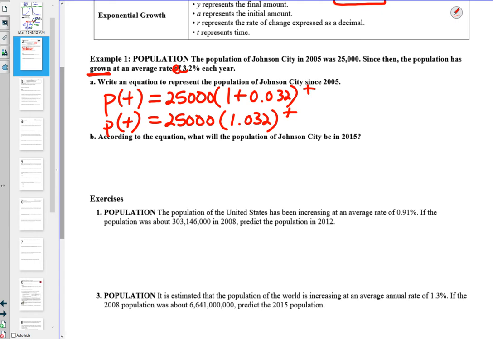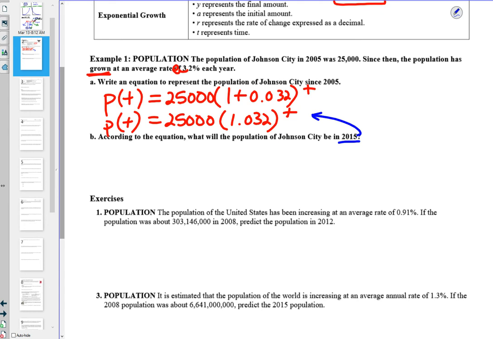So according to this equation, what will the population of Johnson City be in 2015? So now we're going to use it for substitution. Sorry if I misled you by the underlining of 2015, but this is the equation, and now I'm going to use the equation.